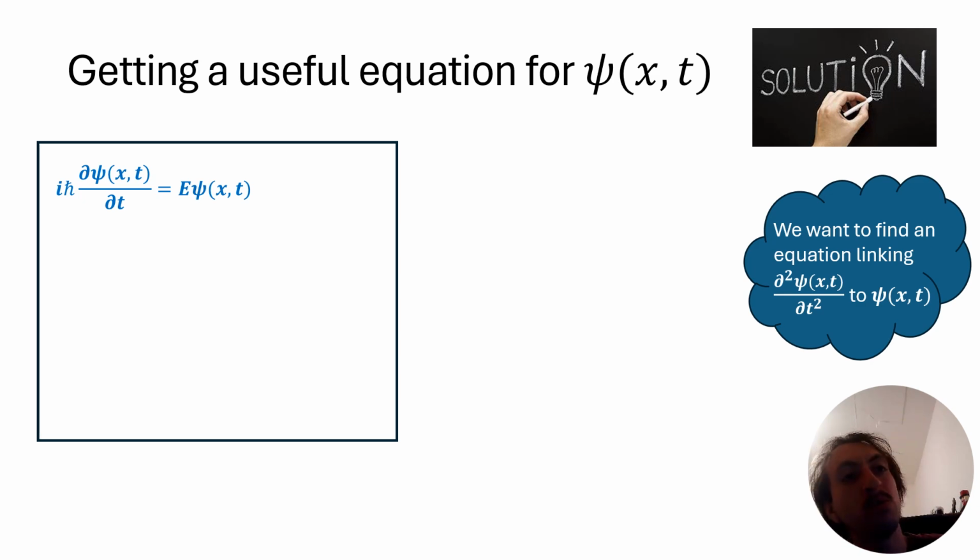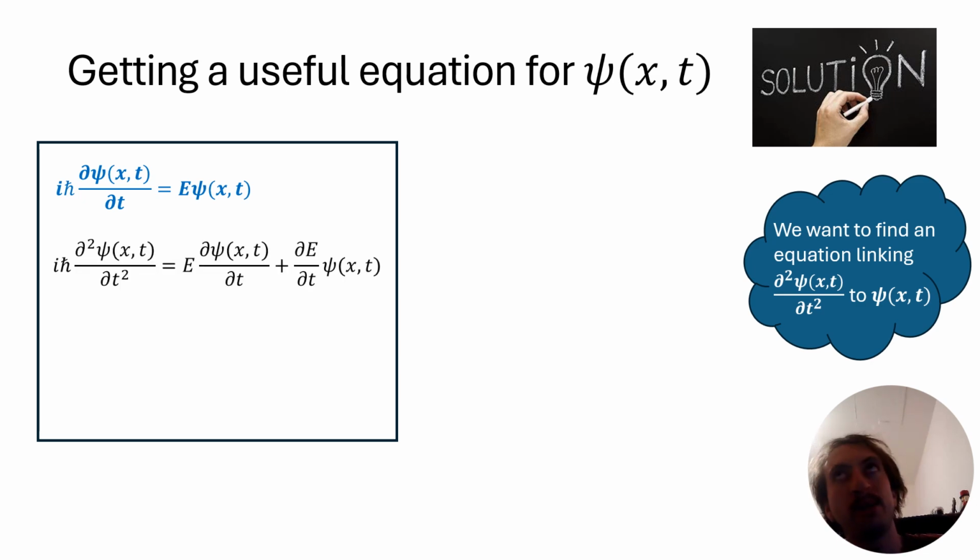But we want our quantum mechanical equation to have a second order partial derivative of the wave function with respect to time, whereas Schrödinger's equation only contains a first order partial derivative. So to get a second order partial derivative, we just differentiate both sides with respect to time. And using the product rule, which works very similarly for partial derivatives and ordinary derivatives, we get this equation.